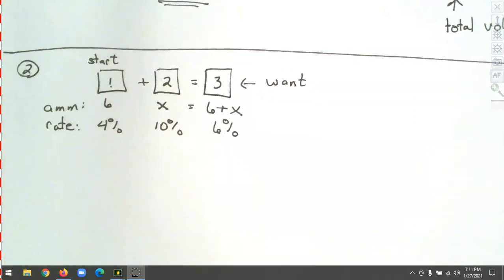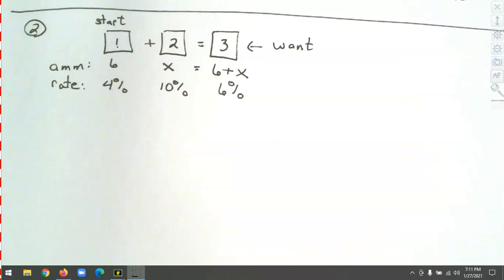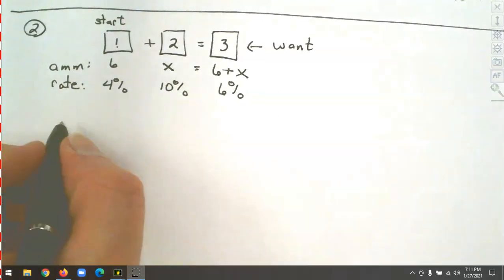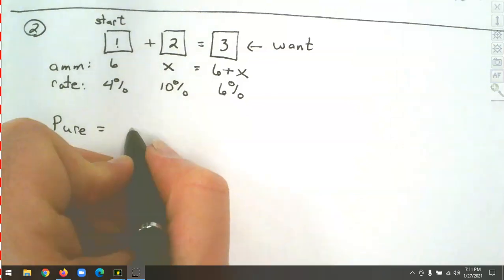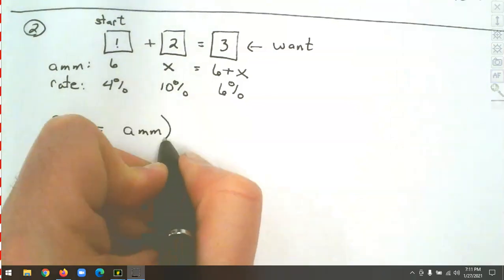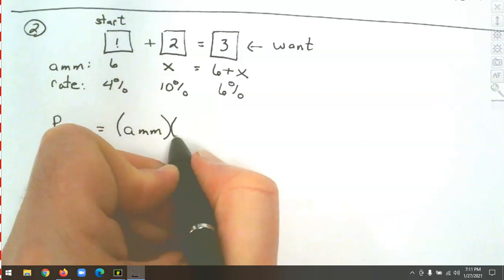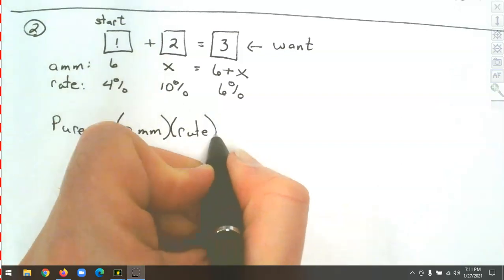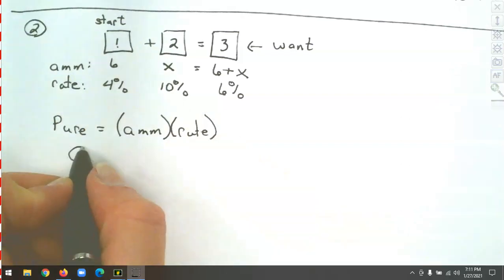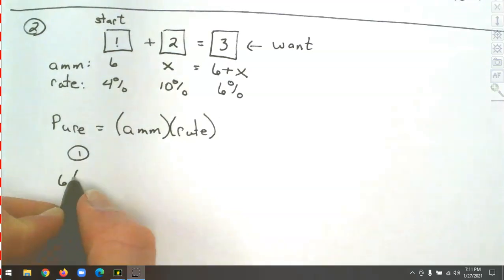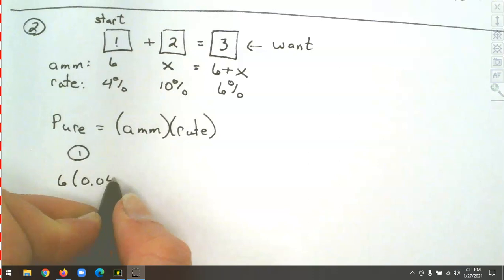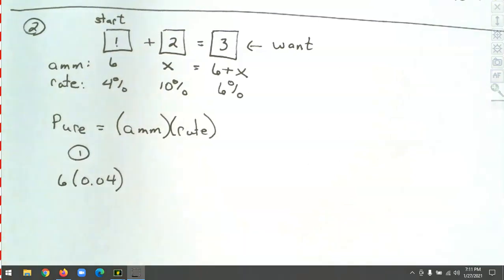Now how do we build our equation? Well, our equation is built off of the pure. And the pure is simply the amount times the percentage rate. So we have amount times rate. That's going to be 6 times 0.04 for your first one.